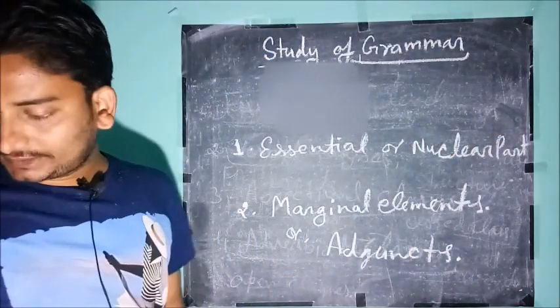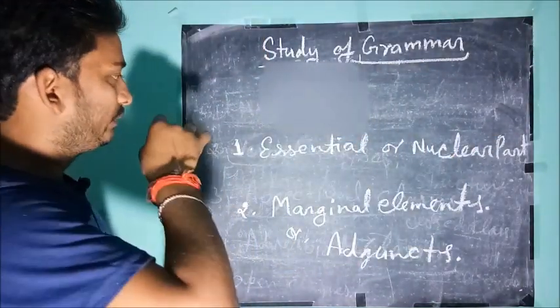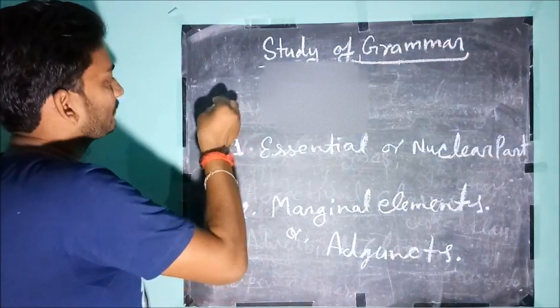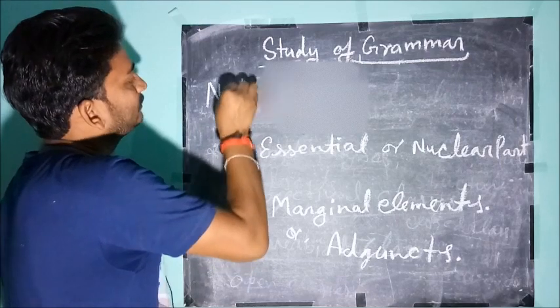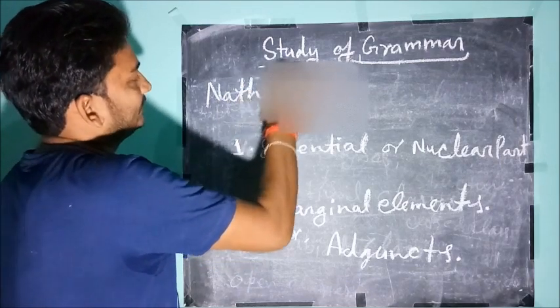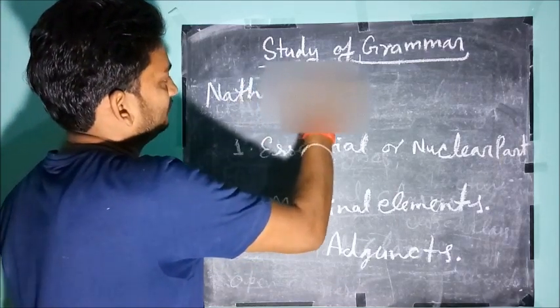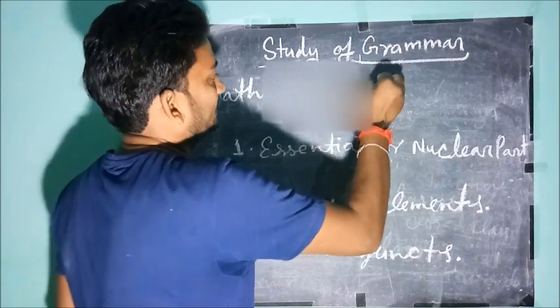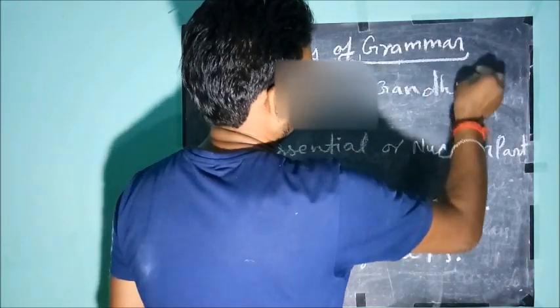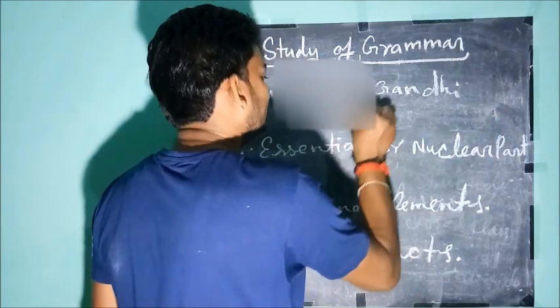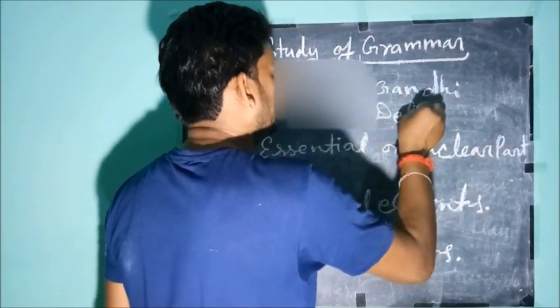I am writing here a sentence: Nathu killed Gandhi in Delhi.